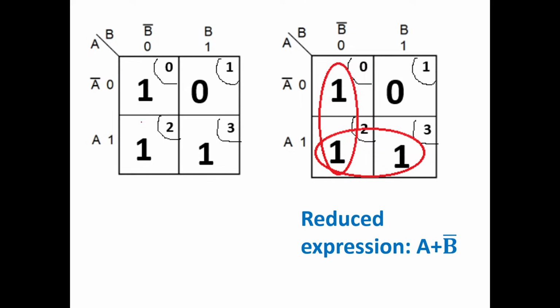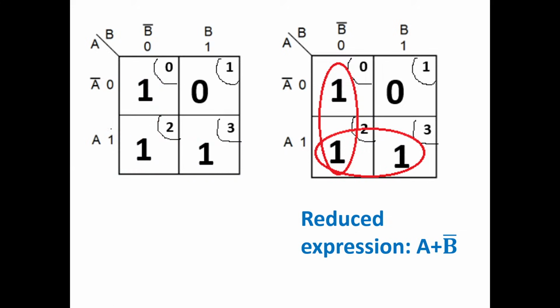So here, if you see, in these 2 adjacent boxes, 1 is there. So you can group it. Just draw a circle. In these 2 adjacent boxes, 1 is there. You can group it. This 1 is already grouped, isn't it?